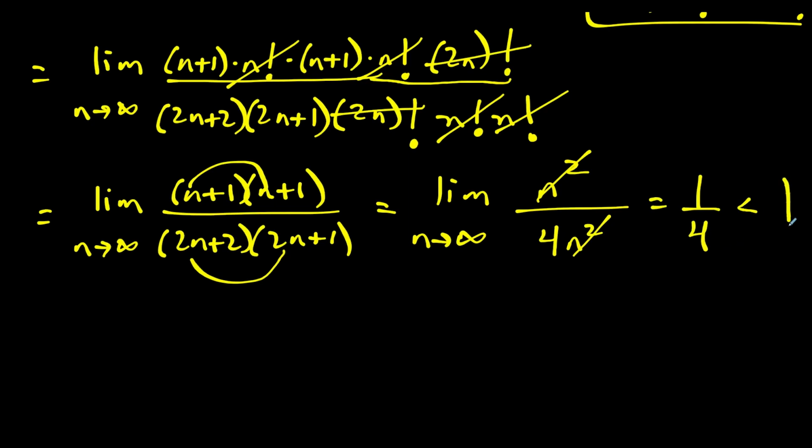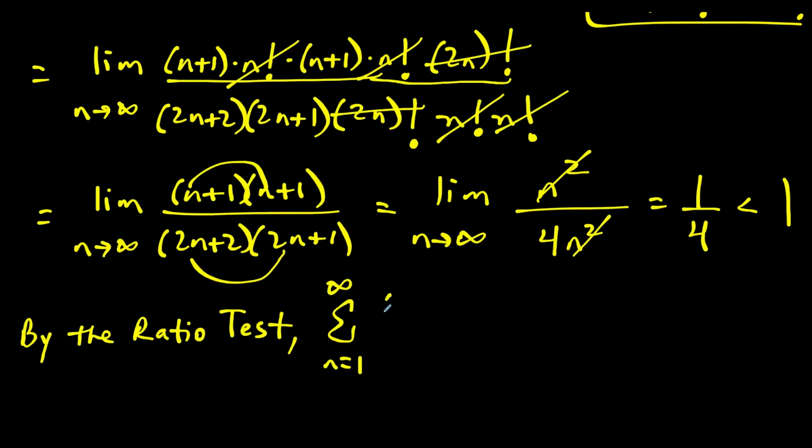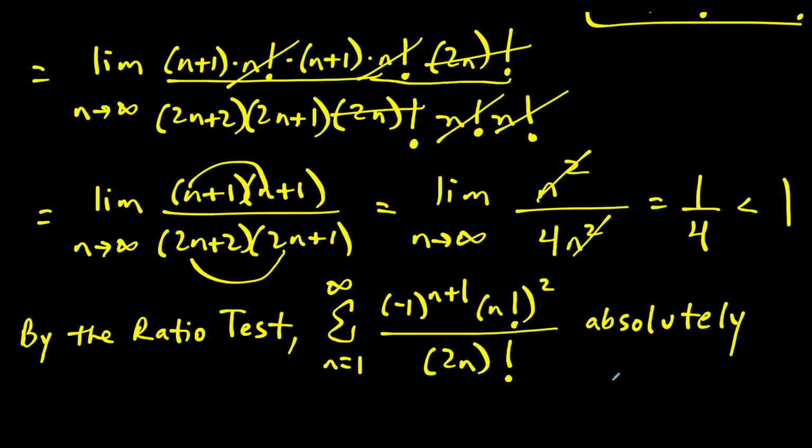And notice 1/4 is strictly less than 1. So by the ratio test, we could say our original series converges. And remember, if a series absolutely converges, that implies that the original series converges.